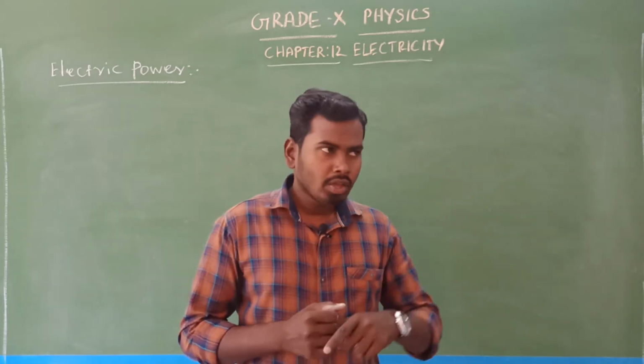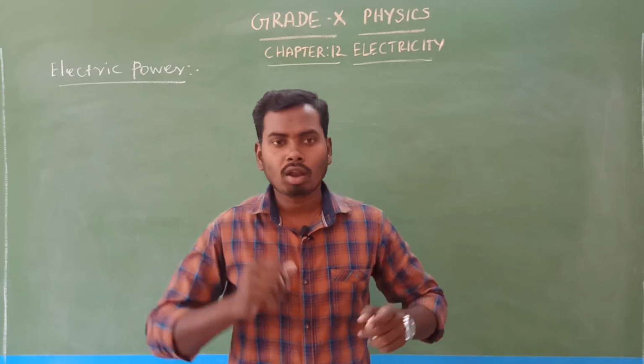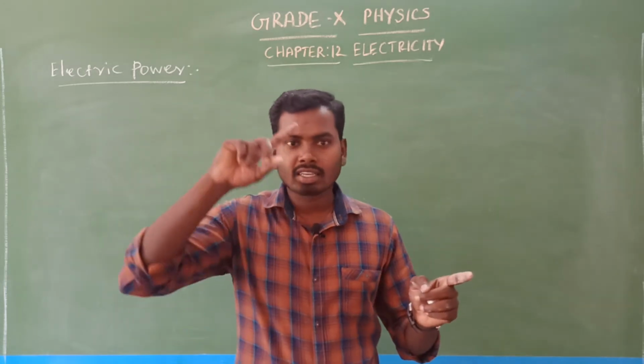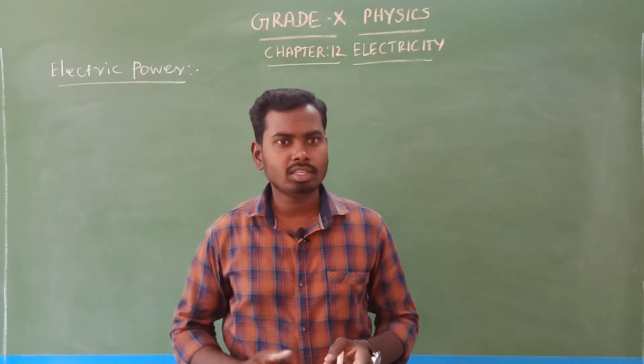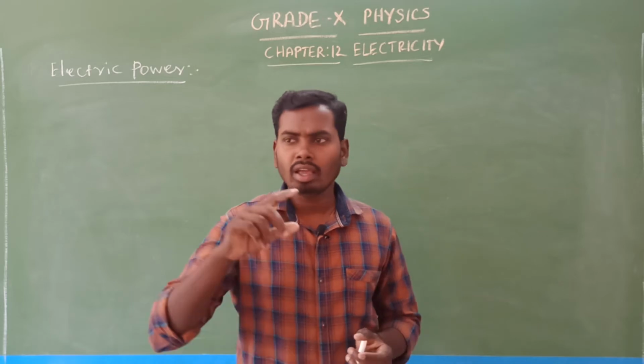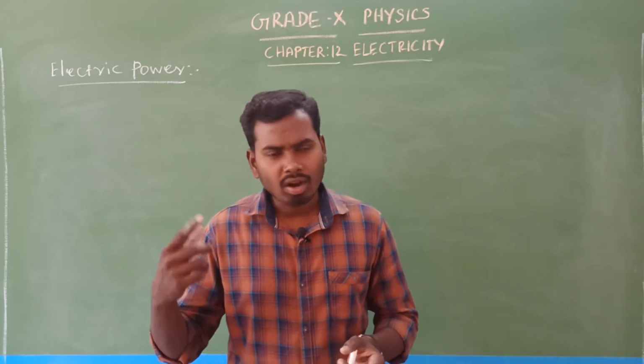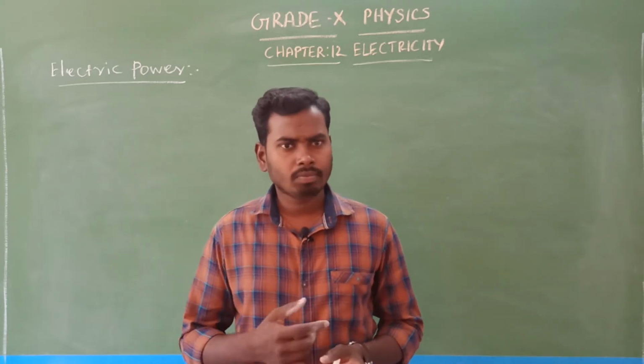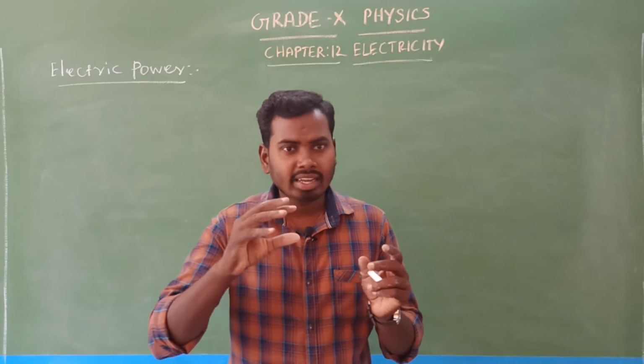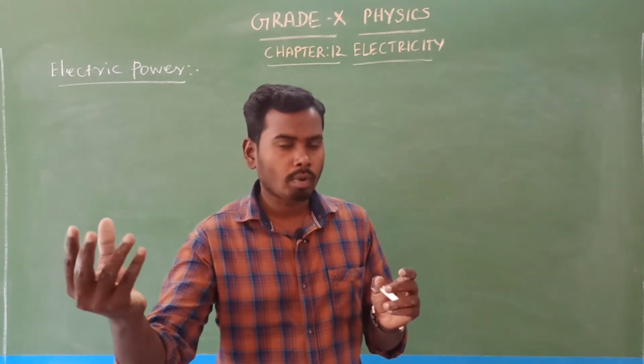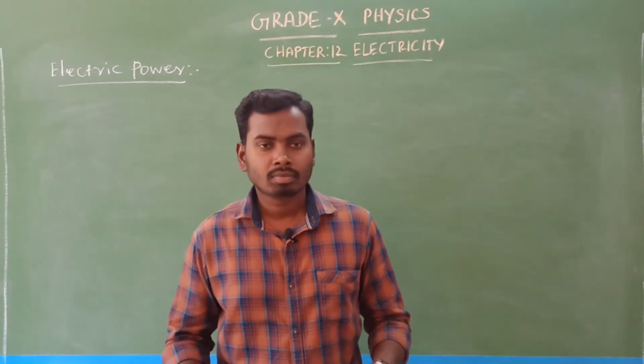If we switch on the fan, the electrical energy converts into mechanical energy. If we switch on the water heater or iron box or toaster, the electrical energy converts into heat energy.